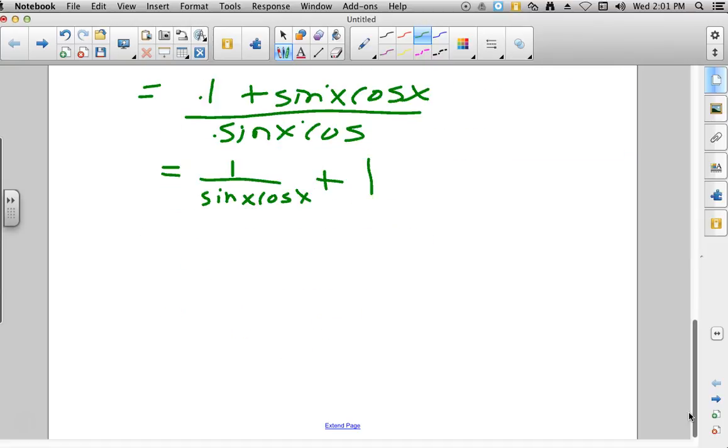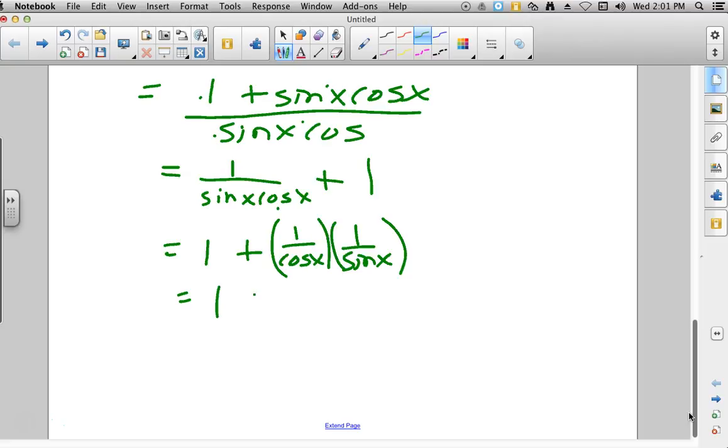And then we remember, okay, they wanted it in the other direction, but 1 over the sine of x, that would give us cosecant. So let's move that one behind. And 1 over the cosine of x, well, that would give us our secant. So this would be 1 plus secant x cosecant x.